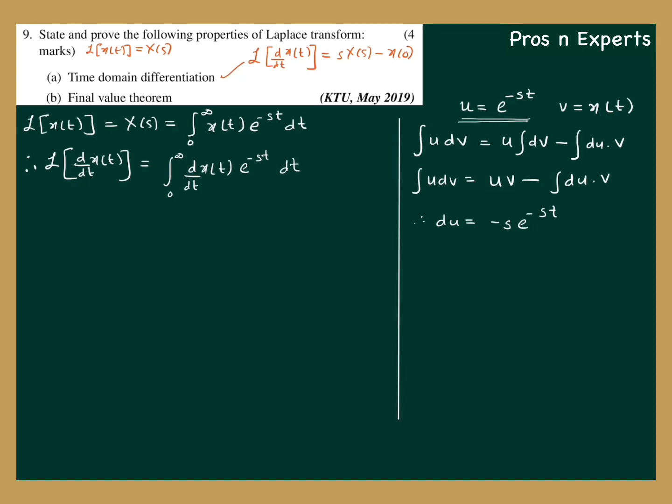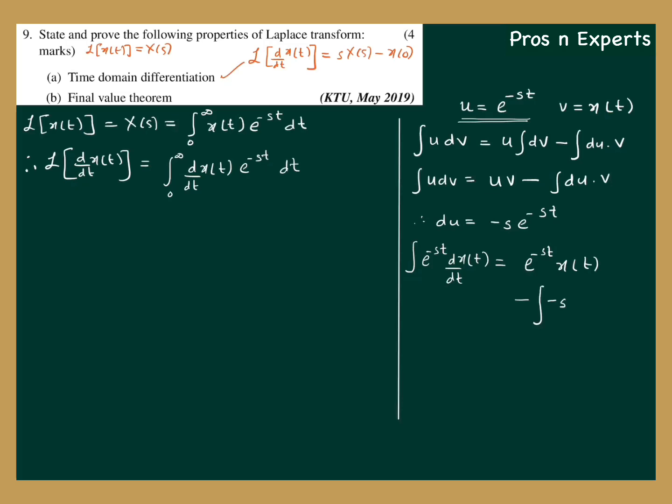So this integral becomes the integral of u dv, that means e raised to minus st into dv equal to d by dt of x of t, which is equal to u into v. First term is u into v, that means e raised to minus st into x of t, minus the integral of v du.